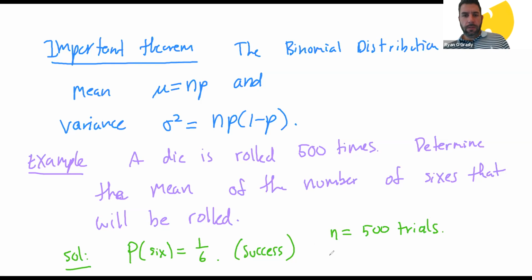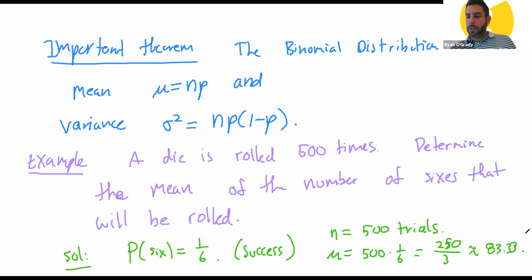And so it's pretty easy to see that your mean is 500 times 1/6, which is 250 over 3, which is approximately 83.33. So essentially what we're saying is you would expect roughly 83 sixes if you rolled it 500 times.